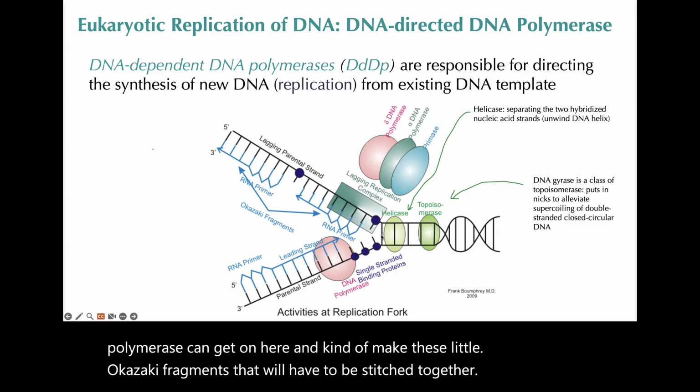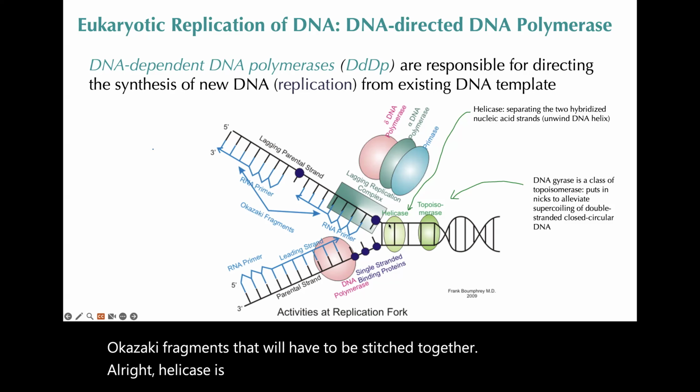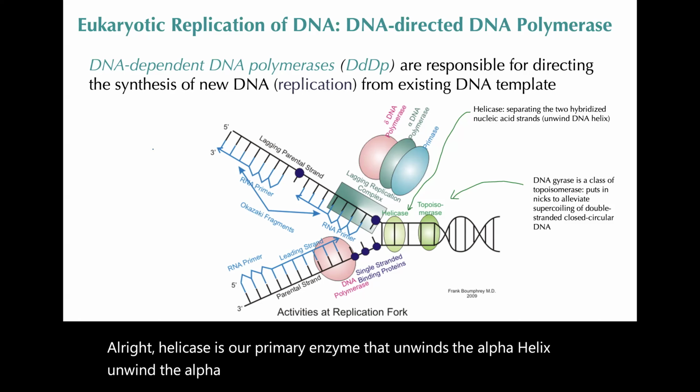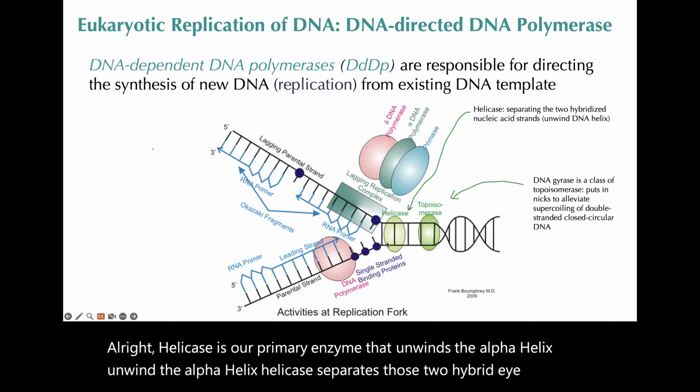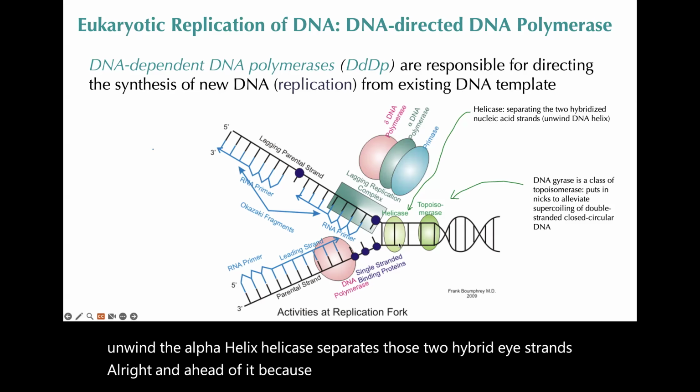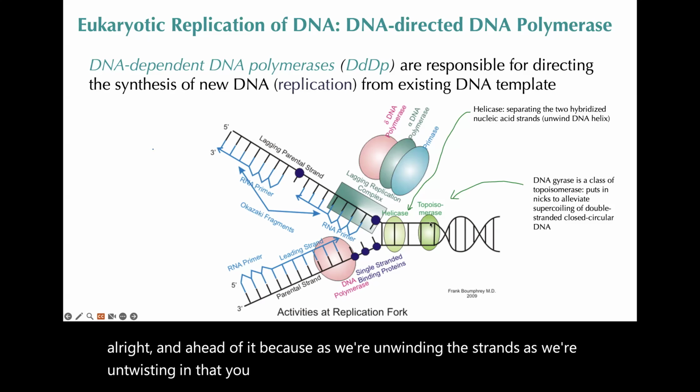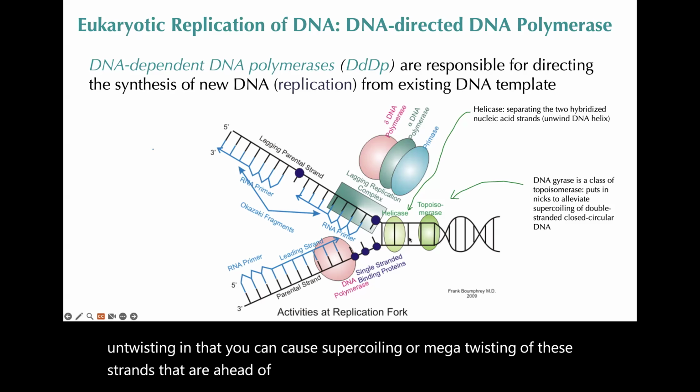All right, helicase is our primary enzyme that unwinds the alpha helix. Unwind the alpha helix, helicase separates those two hybridized strands.